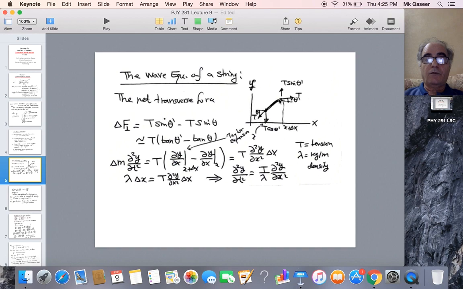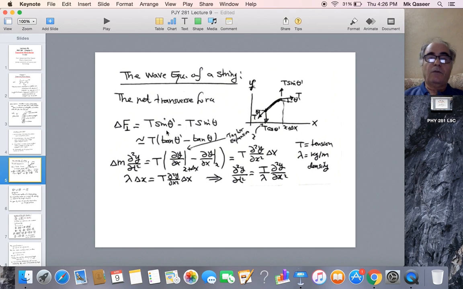Let's take a portion of the string, a delta m, and this portion, the first end is at x and the second at x plus delta x, subject to a tension T. Let's look at the vertical component of the tension here, which is T sine theta prime, and here at the left side it's T sine theta. This is theta.